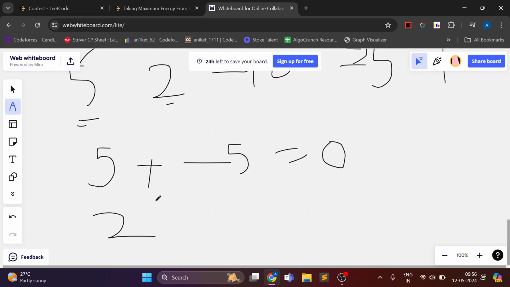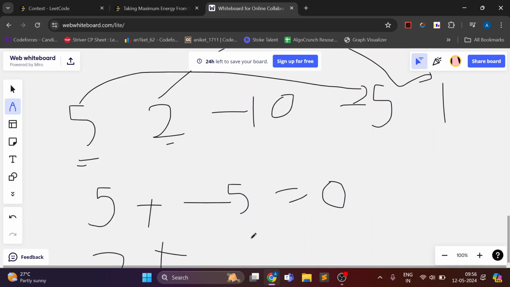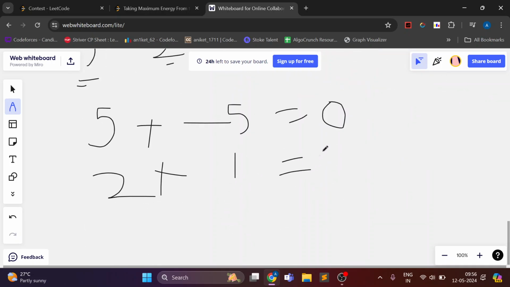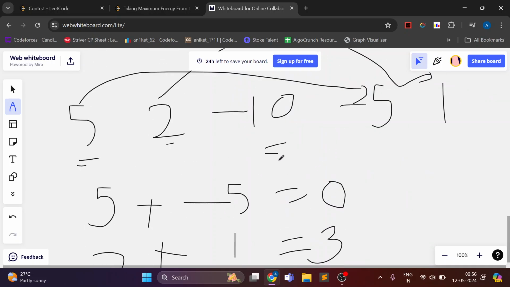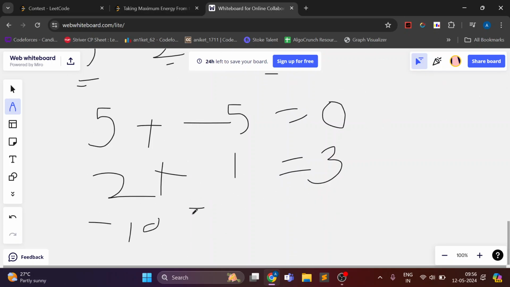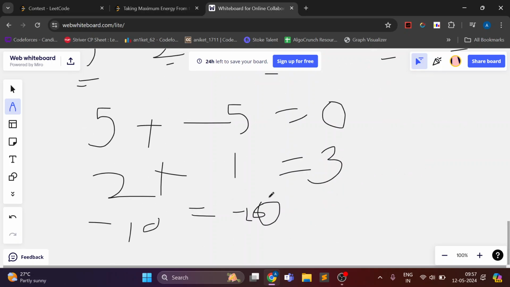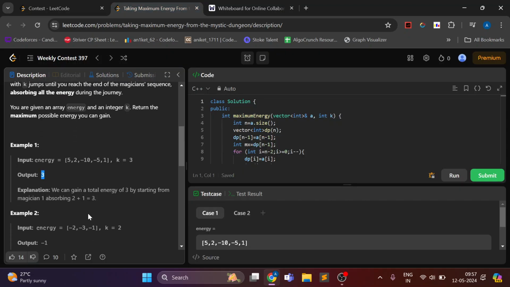If I start from this 2, I can jump to this 1, so the answer here is 3. If I start from this minus 10, I don't have any jumps because it will end the array, so here it is minus 10. Similarly minus 5 and 1, so the maximum answer here was 3. That's why the output here is 3.